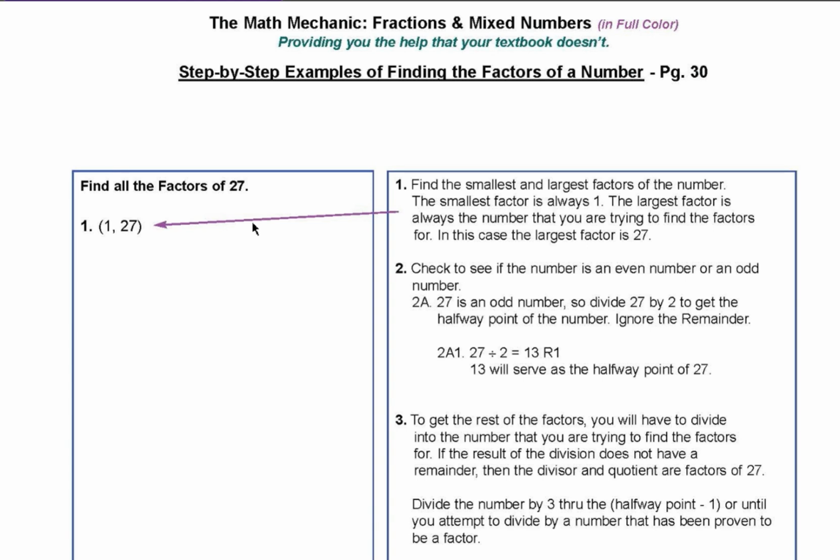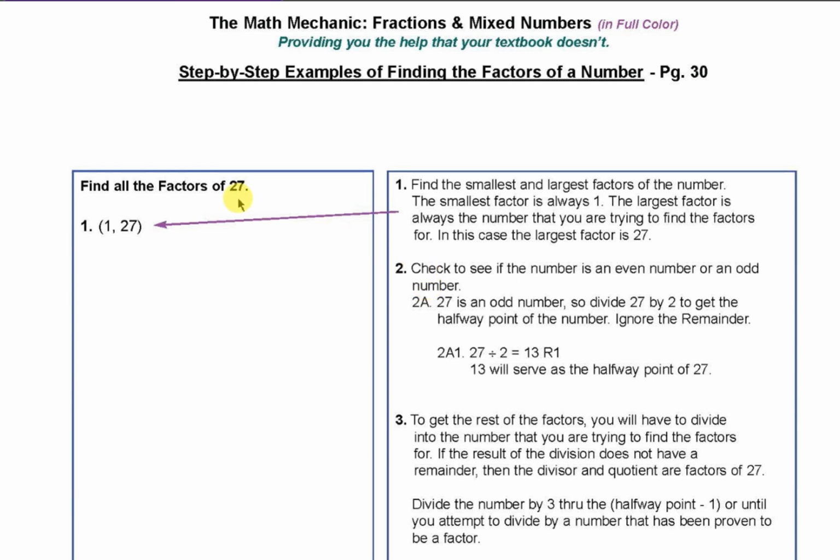Next, we will move on to step 2. Step 2 is to find the halfway point of the number that we are finding the factors for. To do this, we will check to see if the number is an even number or an odd number.